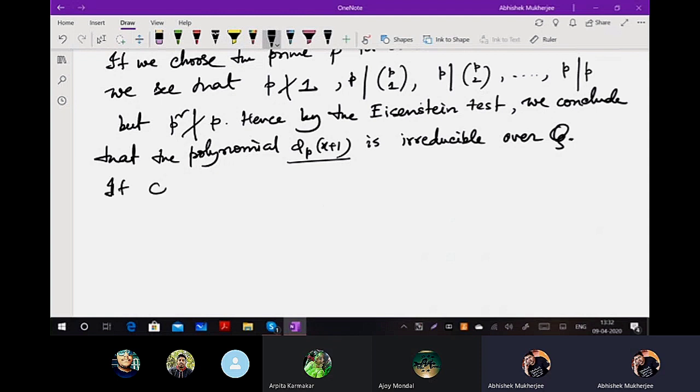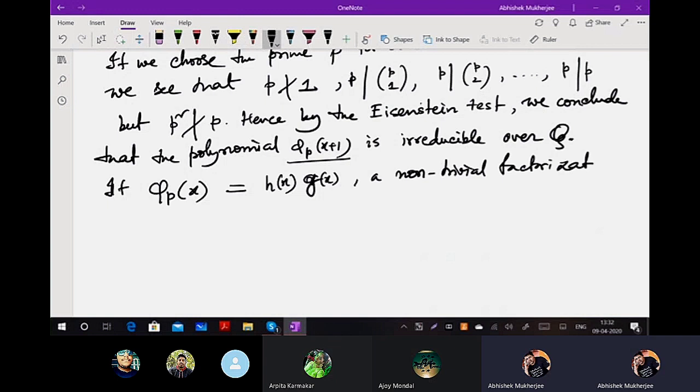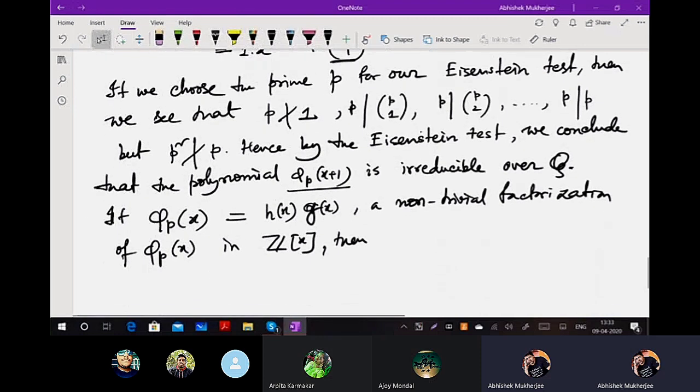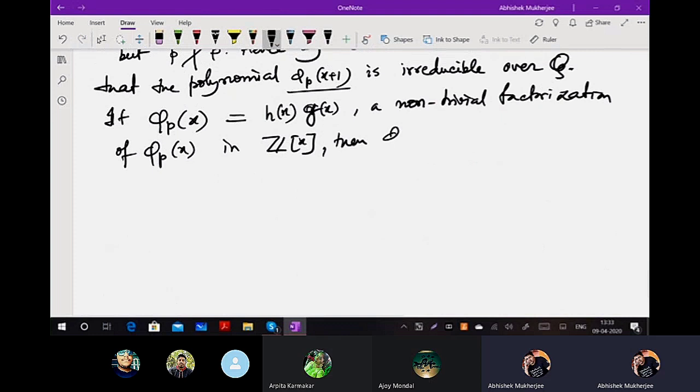If phi p x can be factored as h x g x, that is, phi p x equals the product of two polynomials h x g x, a non-trivial factorization of phi p x in the ring Z[x] over Z, then the polynomial we have considered, phi p x plus 1, must be h x plus 1 times g x plus 1.